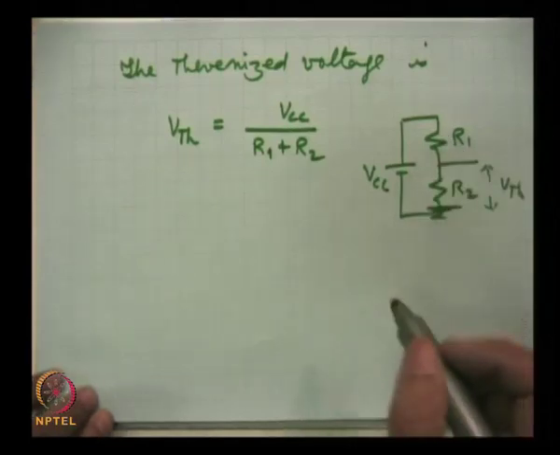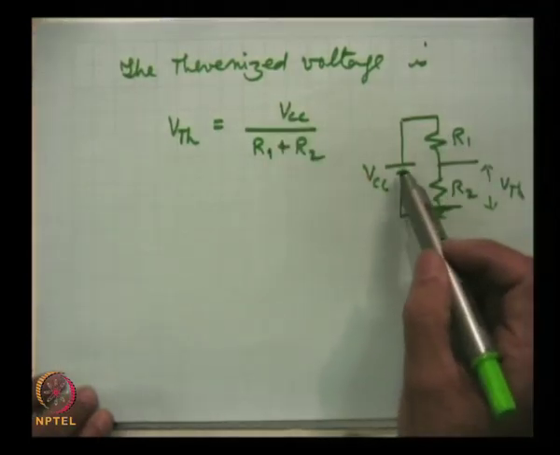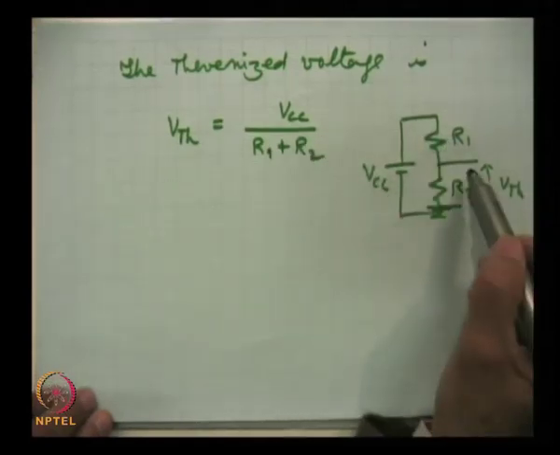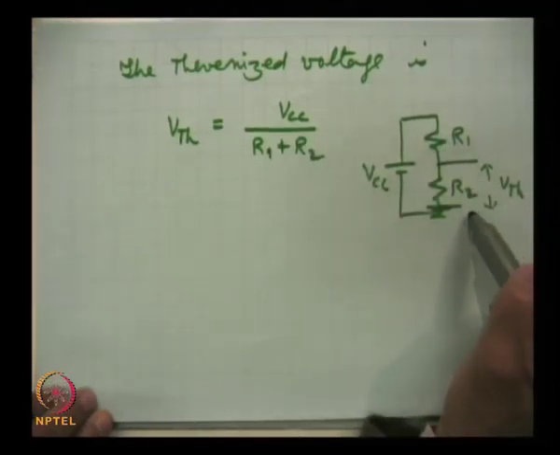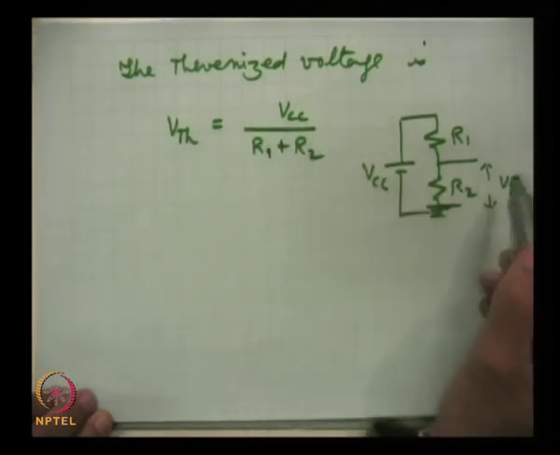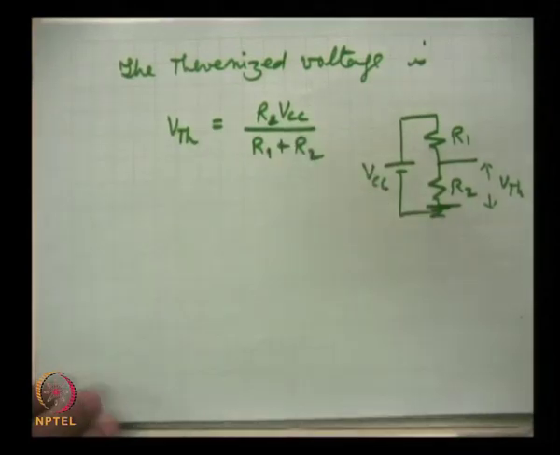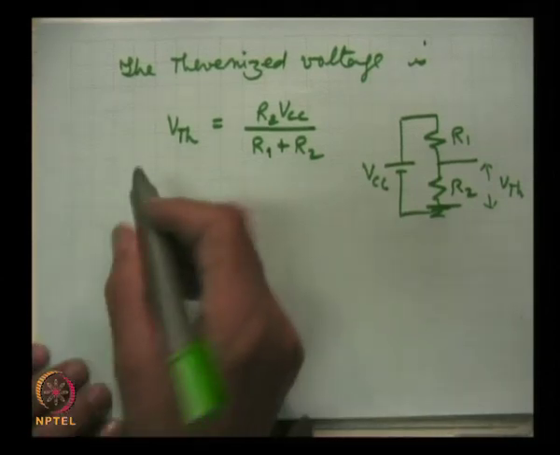So, obviously, the current is through this battery VCC by the total resistance, and the voltage developed across this is the current into R2. So, this is the Thevenized voltage which we can calculate.